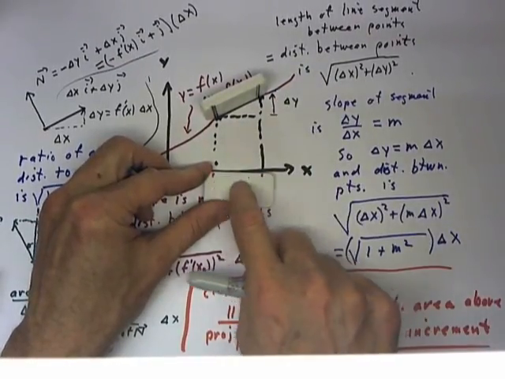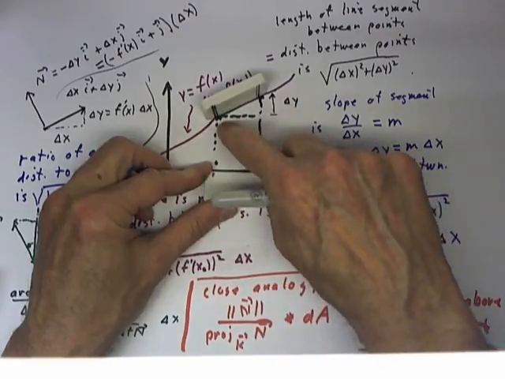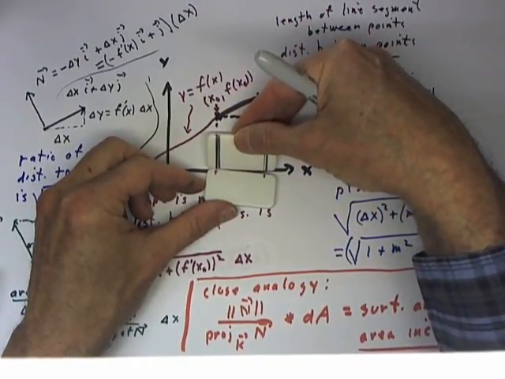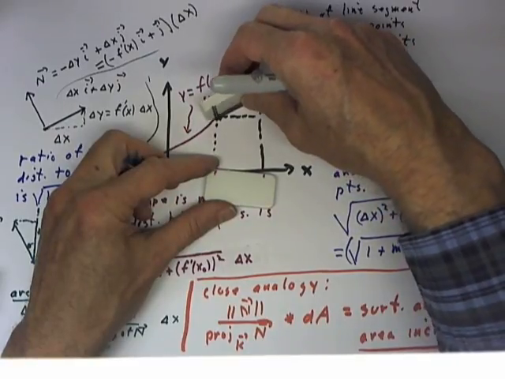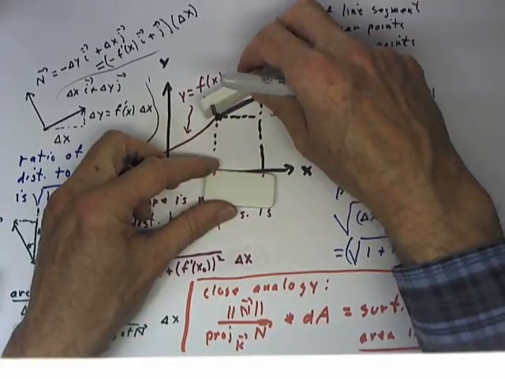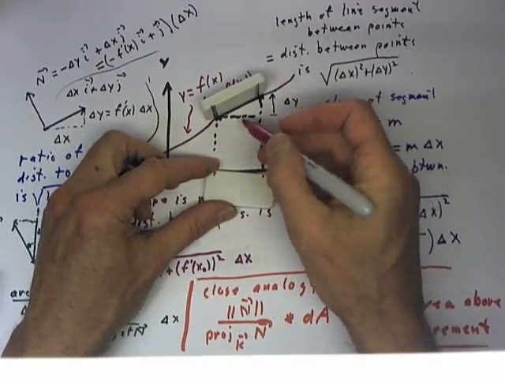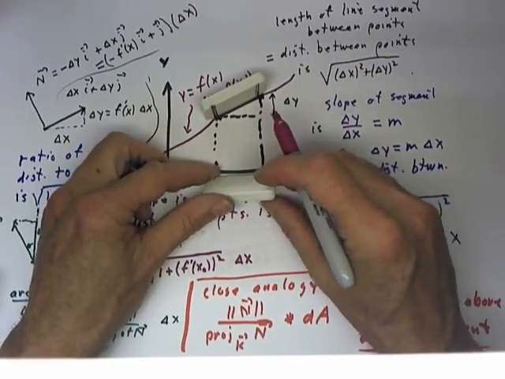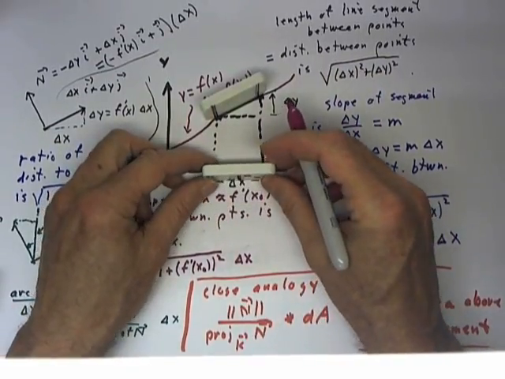In other words, this delta x distance here is less than this distance, and I'm not sure it really comes out looking that way, but done precisely it would. We have a little more length between these points on this domino than we do between these points on this domino.